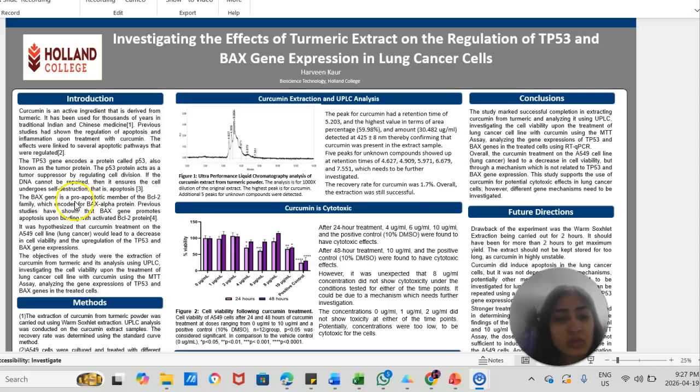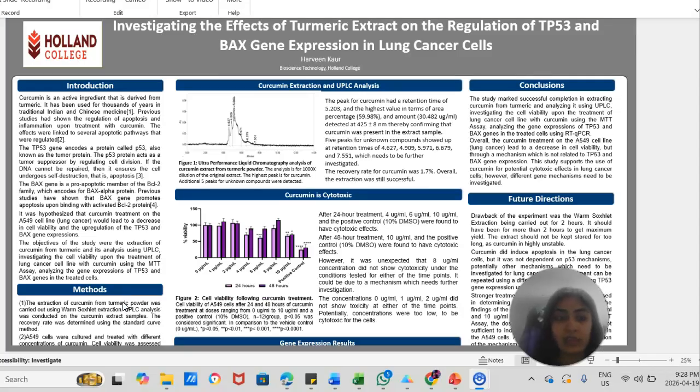The other gene I chose was the BAX gene. It is a pro-apoptotic member of the BCL2 family, and it encodes for the BAX alpha protein. It has been shown that when BAX is linked to an activated BCL2 protein, it causes apoptotic effects in cancer cell lines.